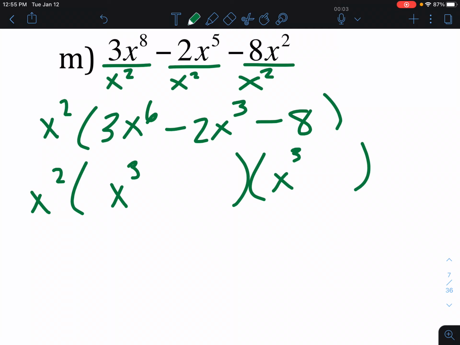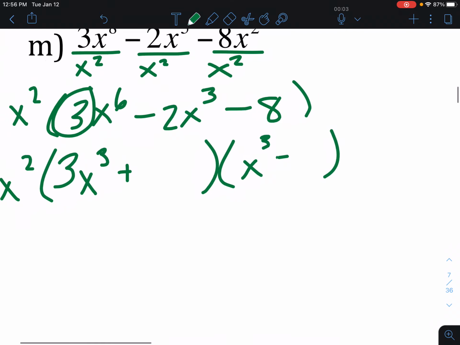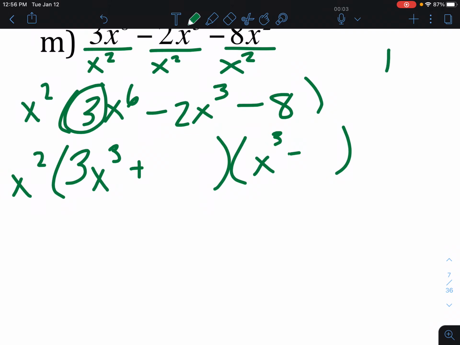Now, the sign rules, of course, got to be plus minus here. I'm going to use the guess and check method. My A term is 3, so that can be split up as 3 and invisible 1. And then I can try to guess with factors of 8. So 1, 8, and 2 and 4.